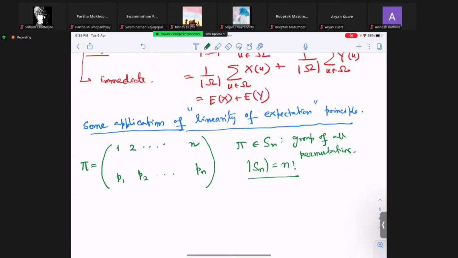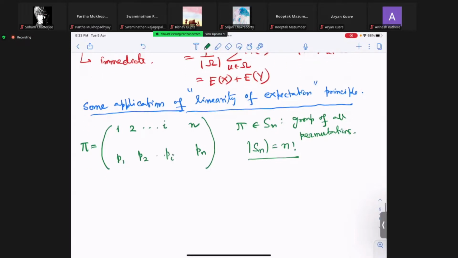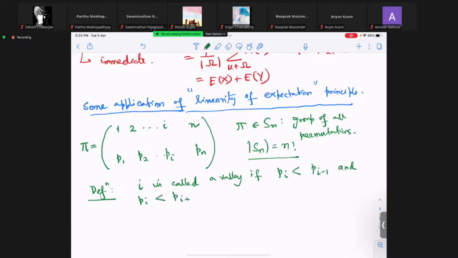So in particular, this is i, and i goes to pi. So here is the definition. i is called a valley if pi is less than pi minus 1 and pi is less than pi plus 1.